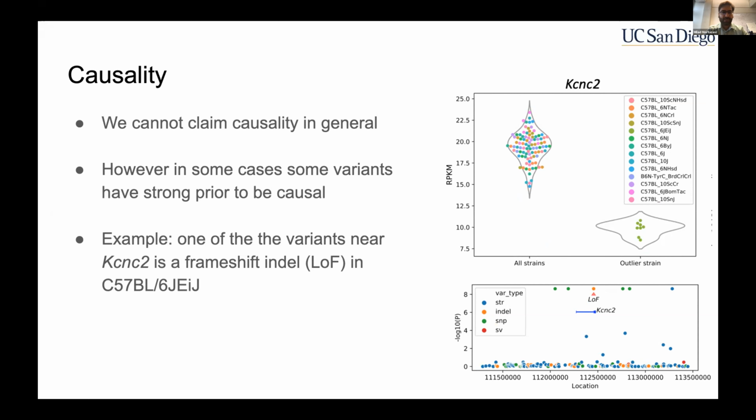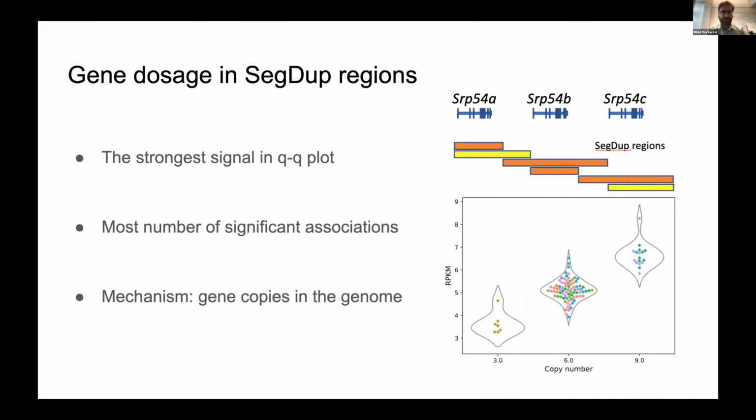For example, in this gene, Kcc2, we found 6J has a lower expression than all the other substrains. And among the significant associations, there is one indel which is a frameshift loss of function. So this particular variation has a larger probability to be causal. This is one case where we can infer some causality in these associations.